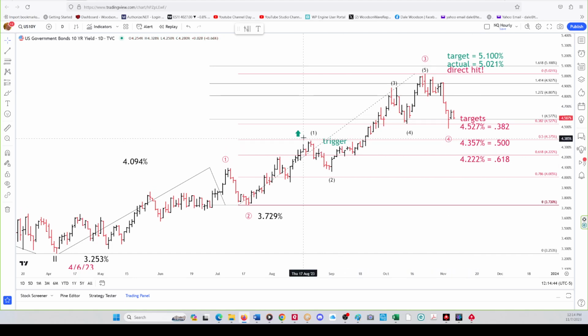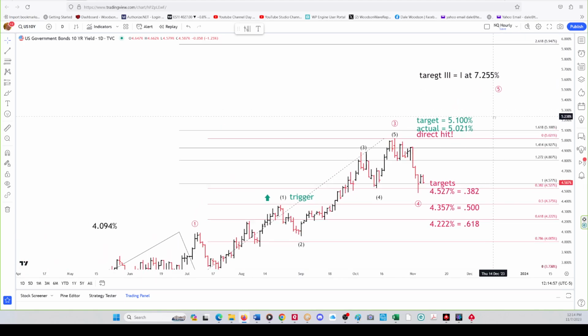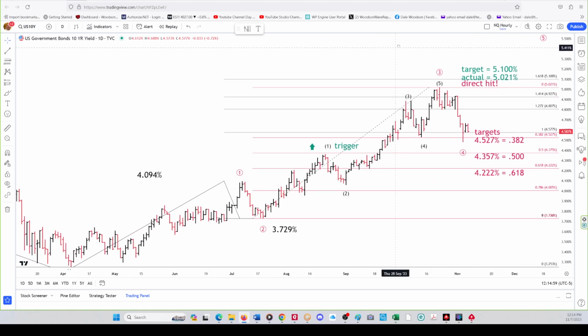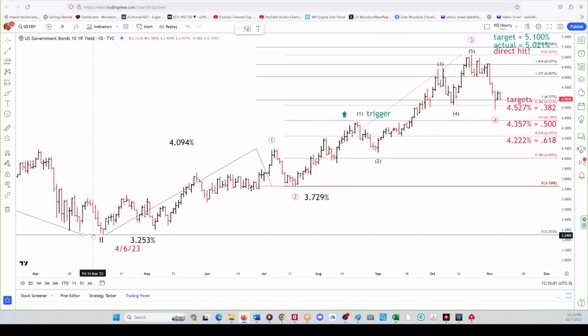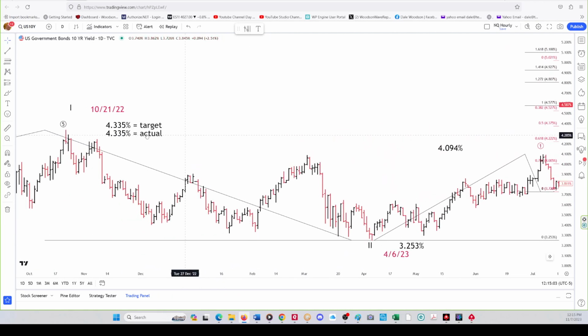You can see we had a trigger here at the wave 1 high and a target there of 5.100%, and it came pretty close at 5.021%. We have a much higher target up here. Let me back up a little bit. If this is 2 down, there's 1 up from 2020 to 2022.